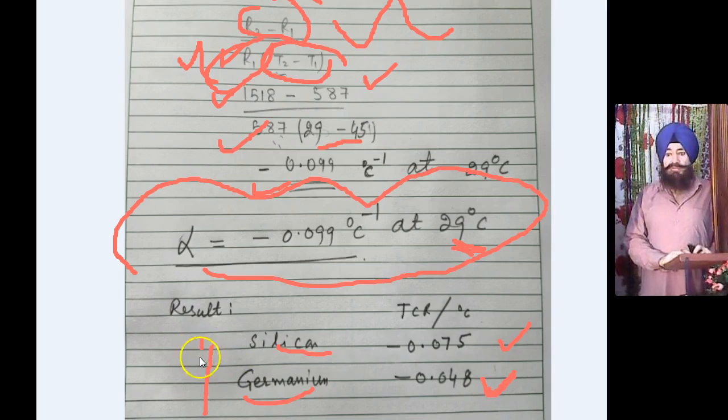What do you conclude? That germanium has a larger magnitude of alpha as compared to silicon. But you are getting another value. So what do you think? The thermistor which you were using, which material is it made of? Tell me in the comment box.